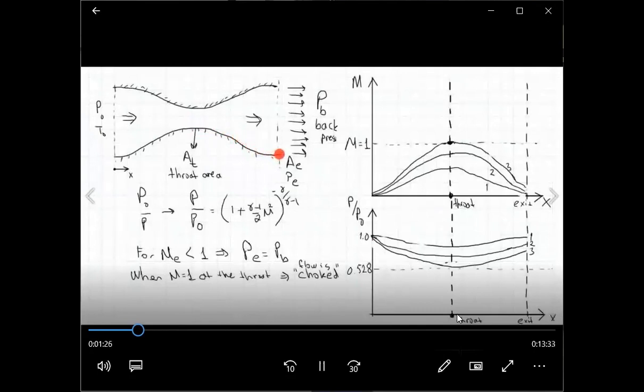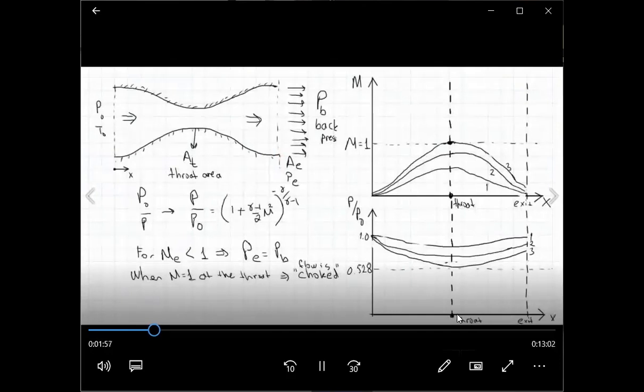But if we keep reducing the exit pressure, which is a kind of disturbance that we are applying, this information will never reach upstream to the converging part of the nozzle. We have talked a lot about this in this class. Information in a compressible flow is propagated with the speed of sound.